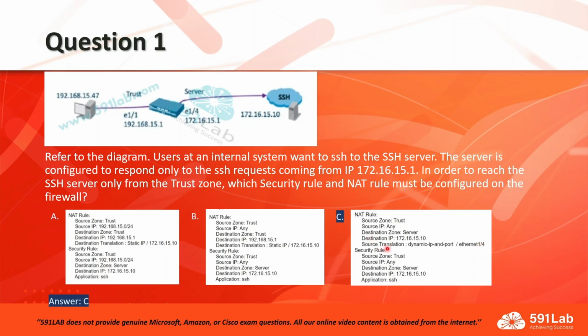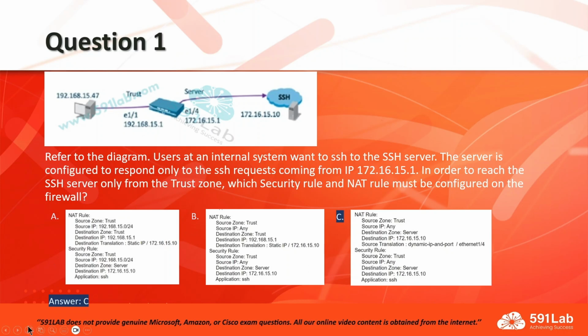For the security rules, we need to allow the traffic from the zone trust with any source IP address, the destination zone will be the server zone, the destination IP will be the server, and the application allows only SSH. So the answer for question number 1 is C.